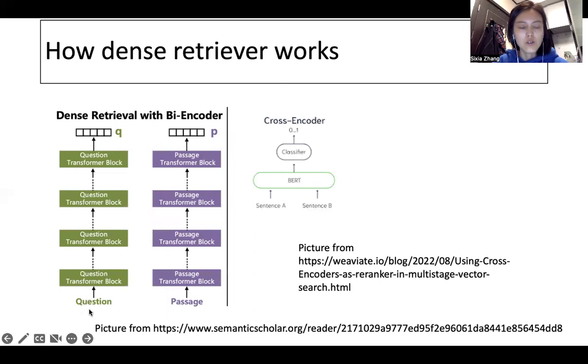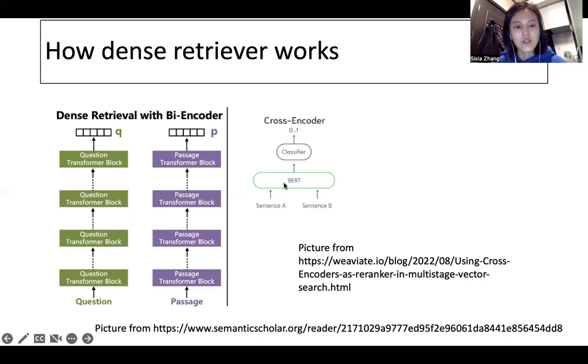The queries and the passages are separately encoded or tokenized into low-dimensional dense representations with the BERT-based model. At indexing time, the passage representations are computed and stored in the index, and then the passages are embedded into the map. But the BERT re-ranker uses a cross encoder.